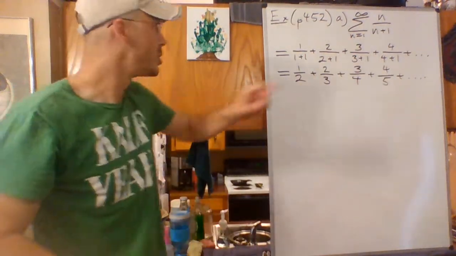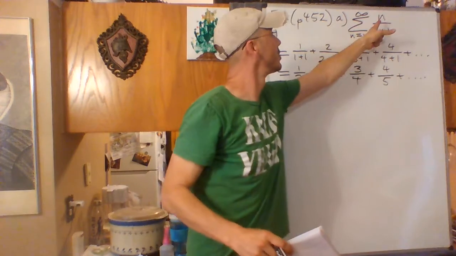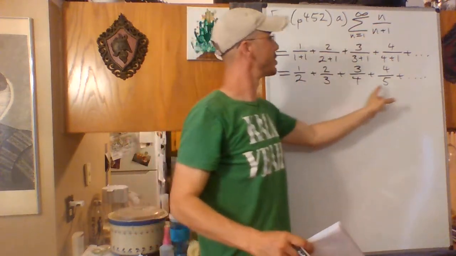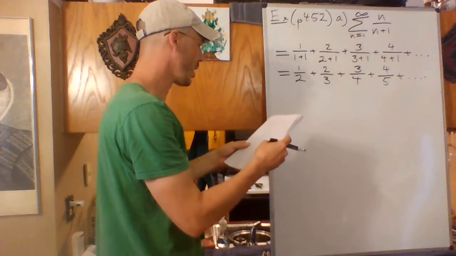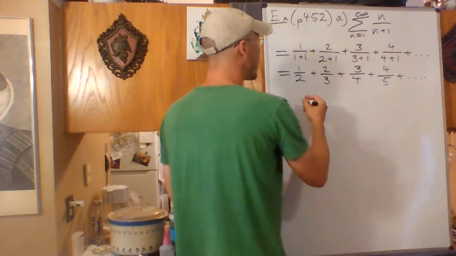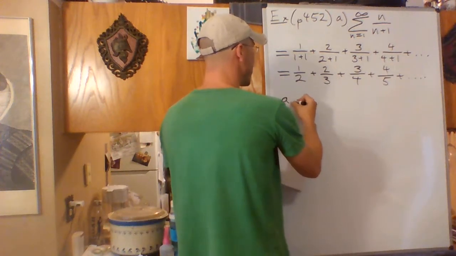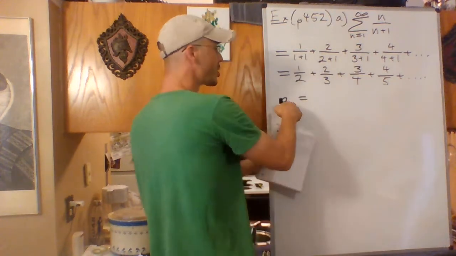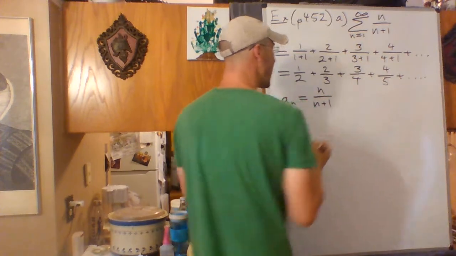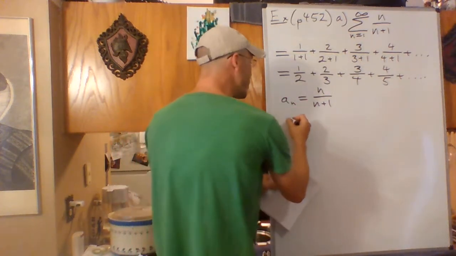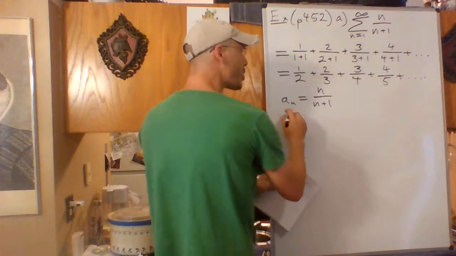See, the numerators are incrementing, and the denominators are also incrementing. They're just one greater than the numerator. Another way to say this is that the terms of the series are n over n plus 1. That's my a_n.